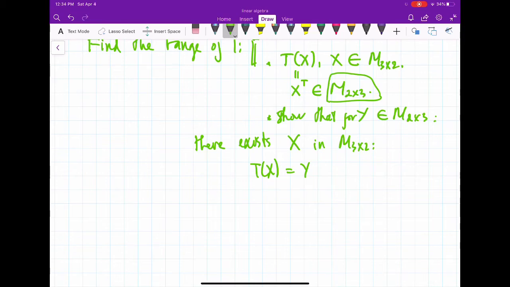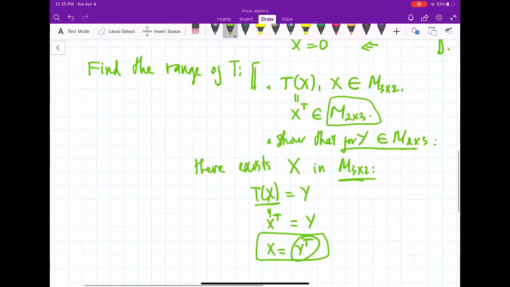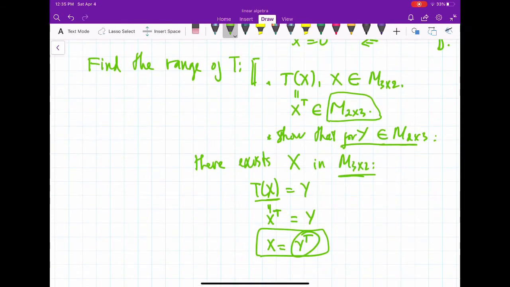Because by the definition, T(X) is equal to X transpose, and so that is equal to Y. So if you want to show that the range is the whole space M2 by 3, you just need to pick X equal to Y transpose. We just showed that for any Y in M2 by 3, there exists X in M3 by 2 such that T(X) equal to Y, and X is Y transpose. So that means the range of T is the whole space M2 by 3.